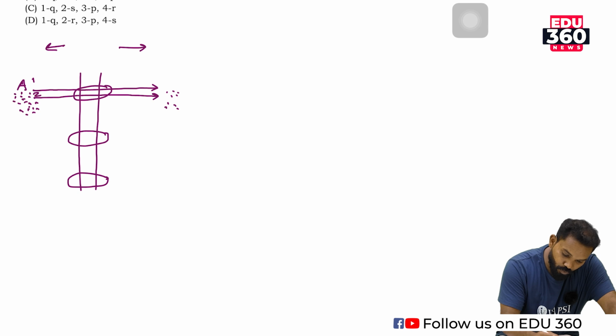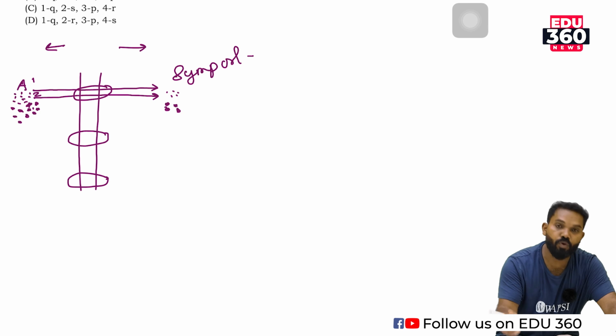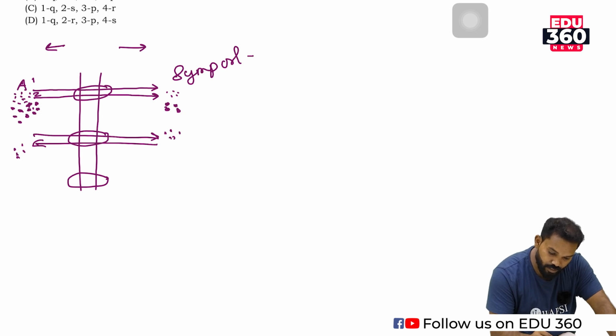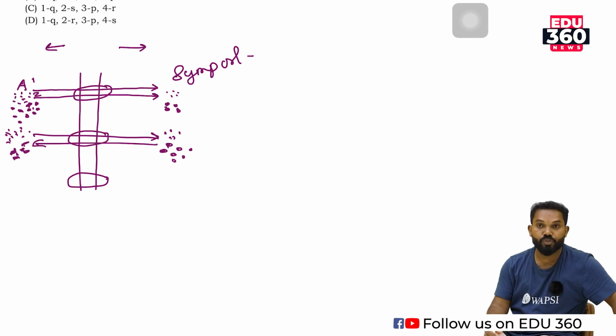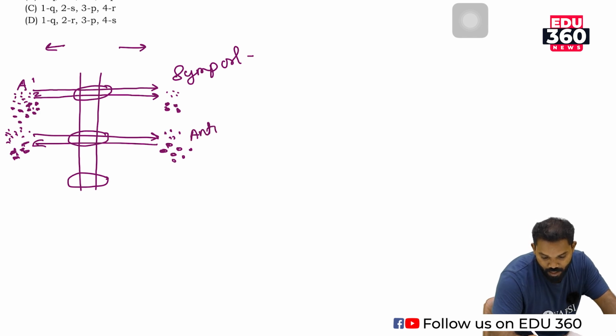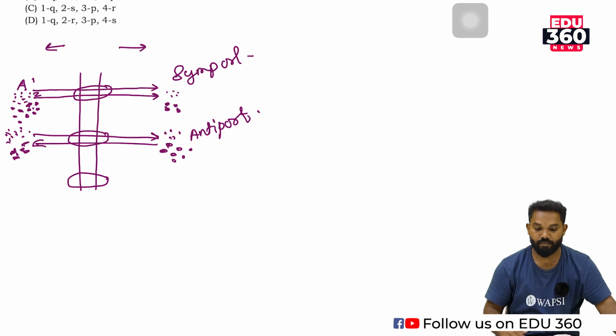If two types of molecules move in the same direction according to the concentration gradient, that is known as symport. If these two types of molecules cross the membrane according to the concentration gradient in opposite directions, that is known as antiport.